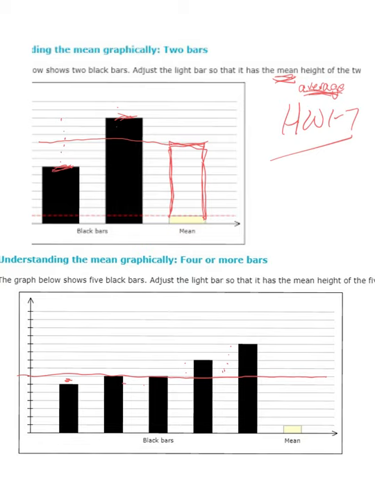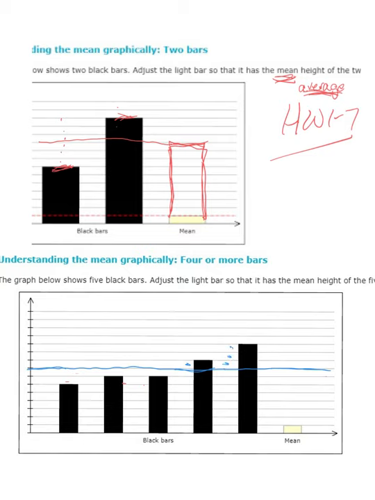Let's try a different one. Let me get rid of that one. All right, I got rid of that one, and let's try a different one. Let's go right there. See how that works out. Above that line, I have 1, 2, 3, 4.